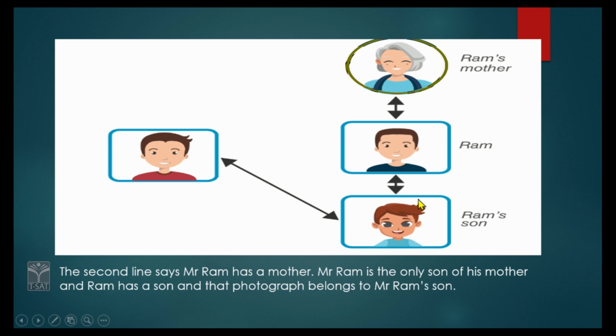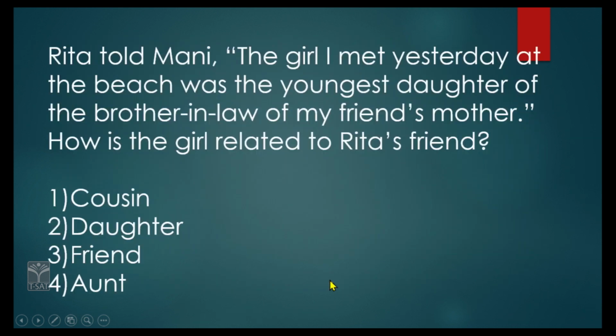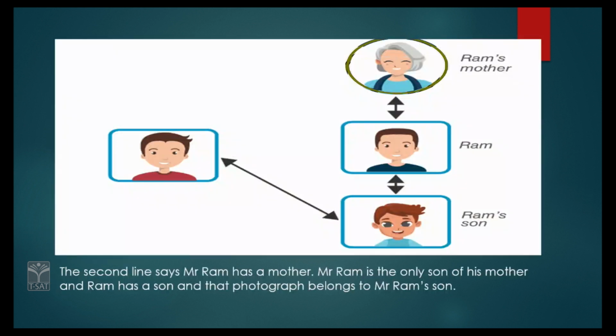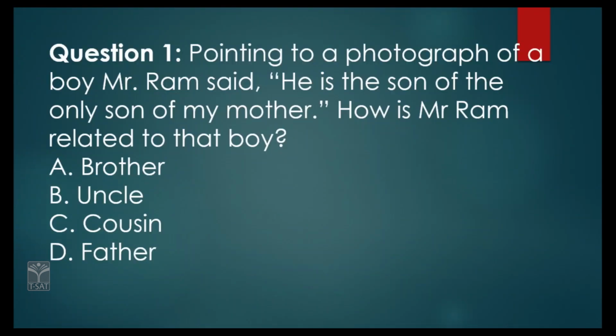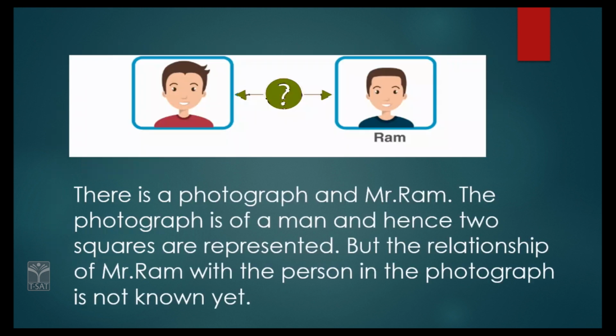So, very clear, the photograph shown by Ram is of his son. So, what is the answer? How is he related to that boy? He is the father of that boy.